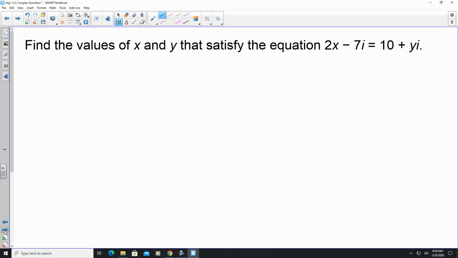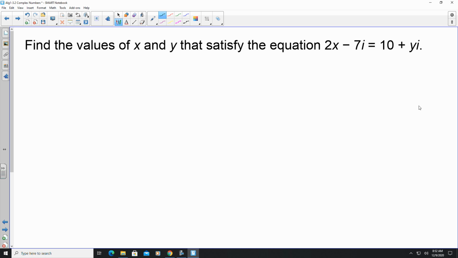All right, here it says they want us to find the values of x and y that satisfy the equation 2x minus 7i is equal to 10 plus yi. So how you're going to go about solving this one is this. You're going to put all of your real parts equal to each other.